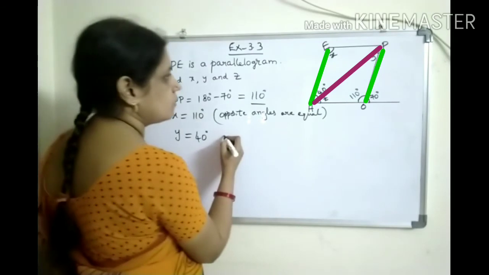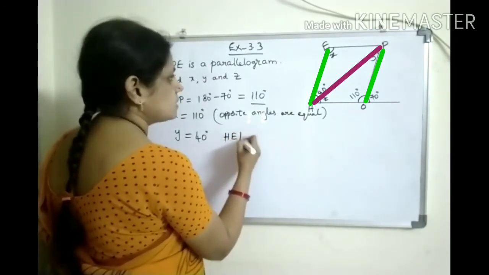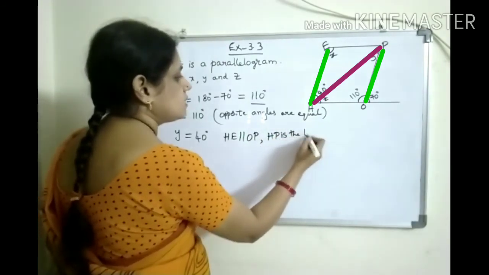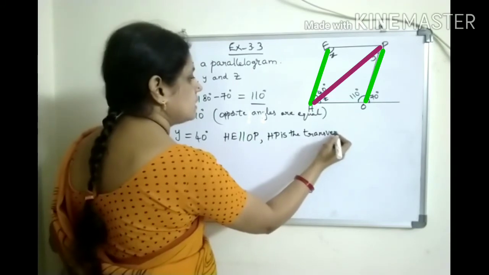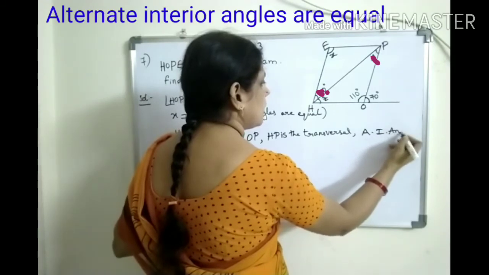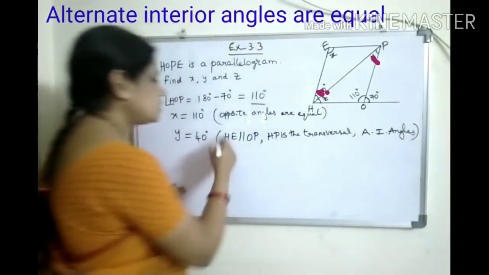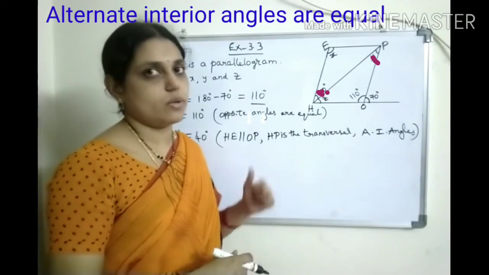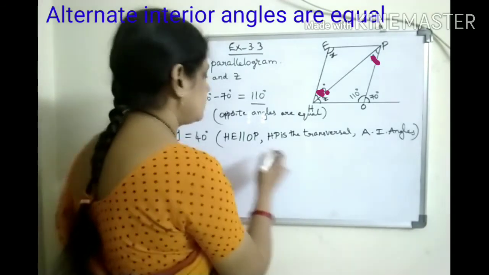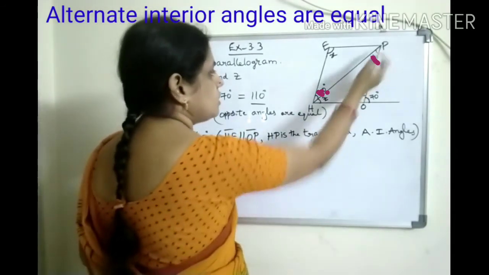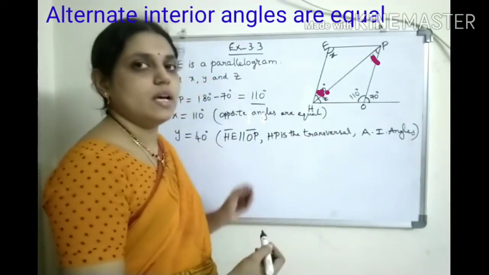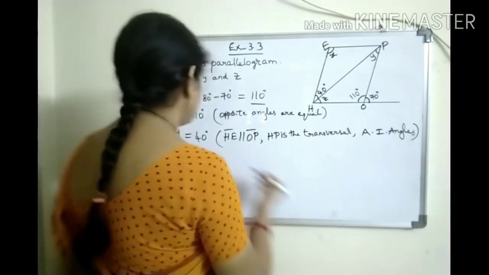Actually in the question it is given to mention which property you are using to find out the angles, so we have to write it. HE is parallel to OP and HP is the transversal. Then these two are alternate interior angles, they are equal since these are parallel lines. So y equal to 40.